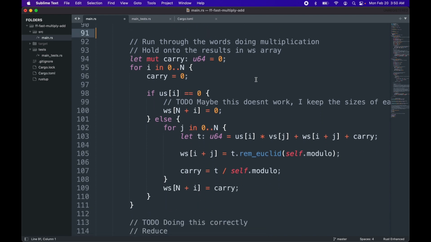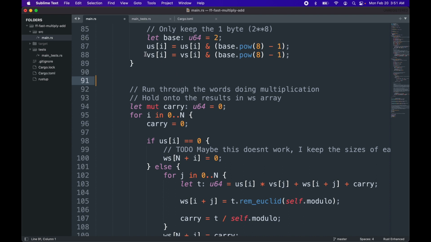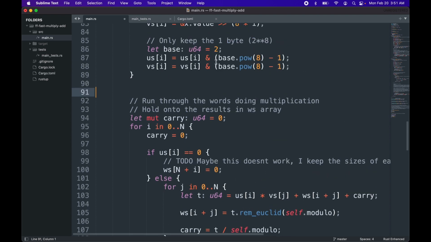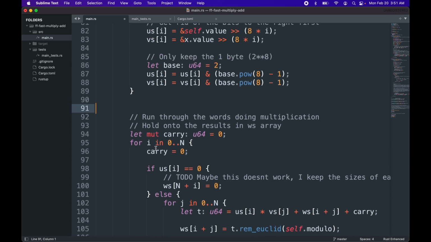And then we run through doing multiplication. So you again have a carry. You are running through all of the words. Some of these words might have 0. I think in implementations of this that I've seen, one of them has length n, one of them has length m, and you do the larger of those two, but here I'm just saying, well, I know that 64 is the largest that it will be, divided by whatever my word size is.